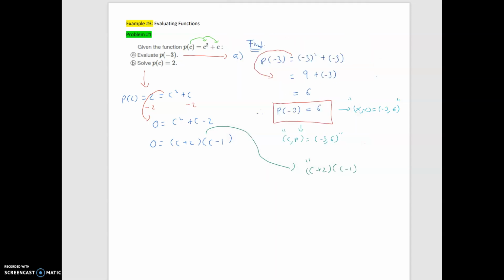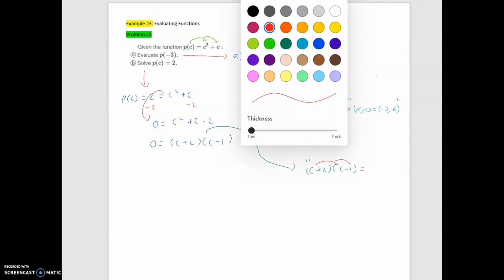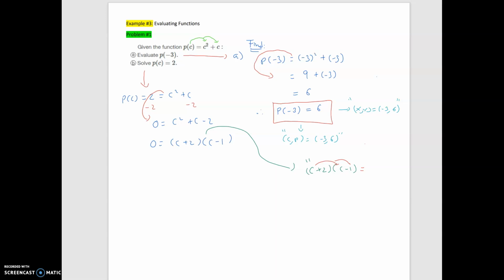Multiplying these, you would end up with a c squared minus a c, and then multiplying the 2 times these two, plus a 2c minus 2, which gives us c squared plus c minus 2, which is the original polynomial.